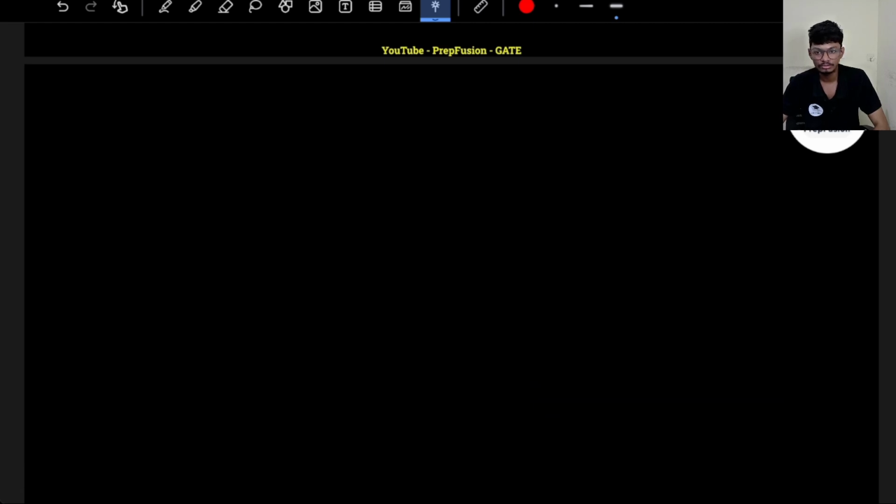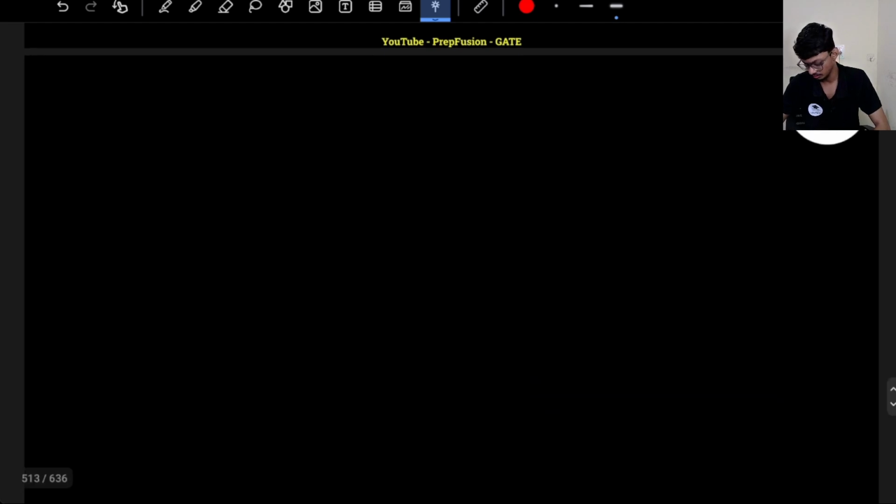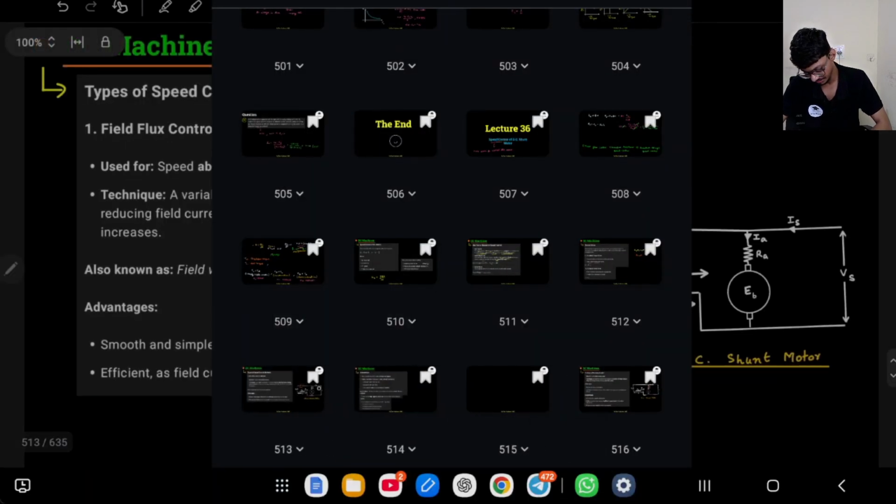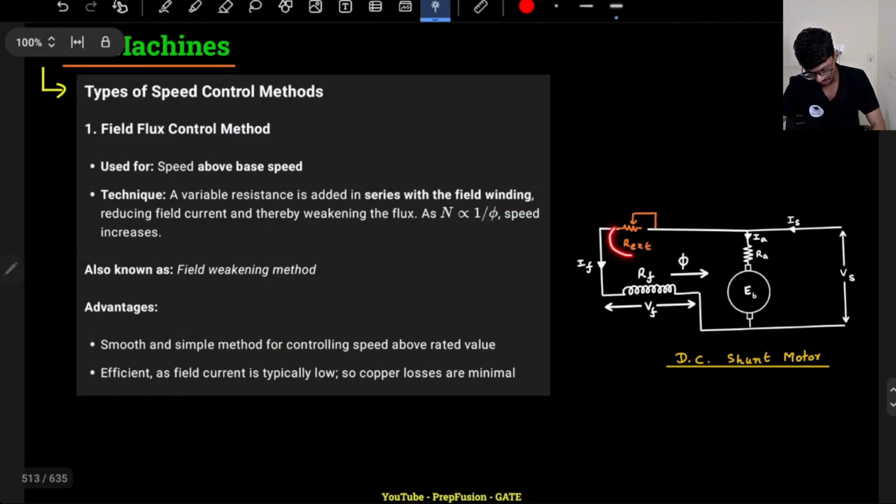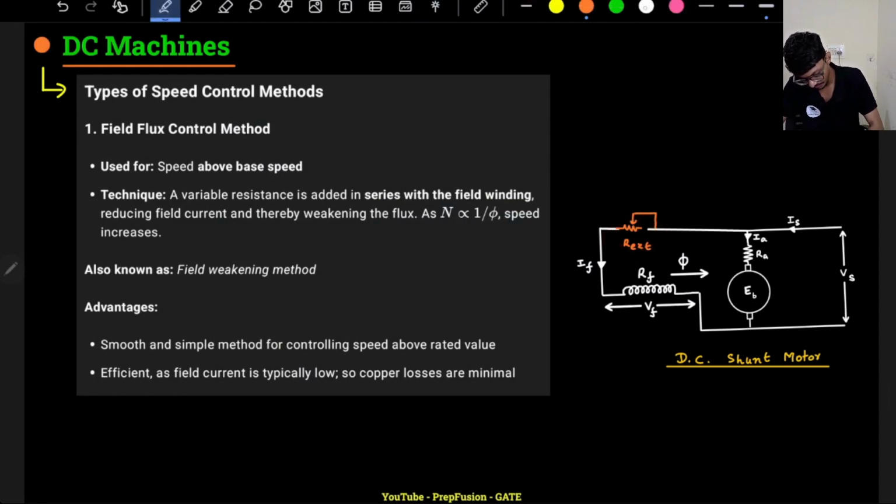Let's now discuss the first method, that is field flux control. In field flux control, what do you do? Very simple and easy to understand. We will just connect an external resistance and vary it. So what is my IF, the field current?